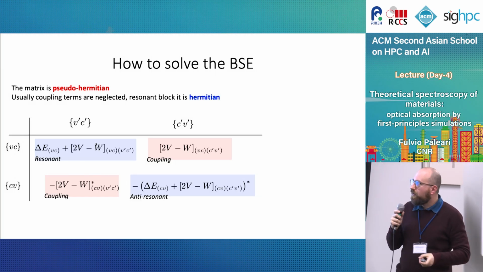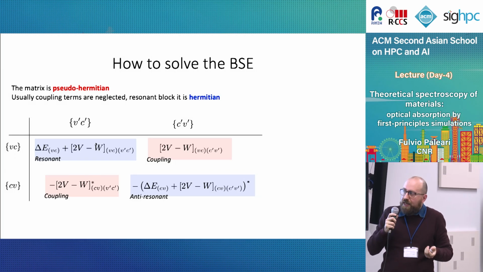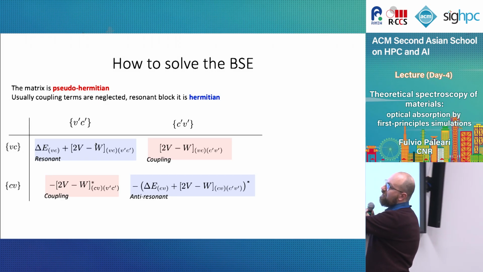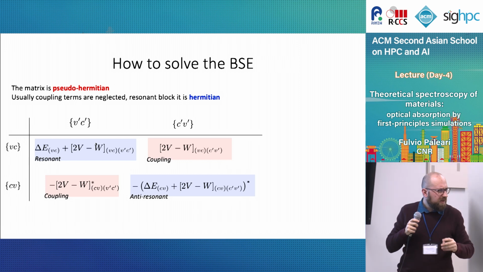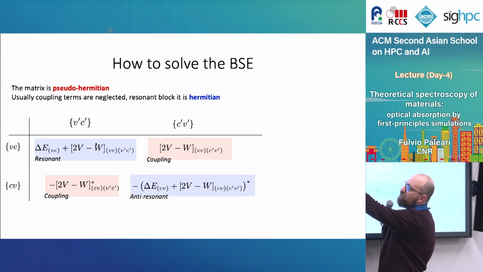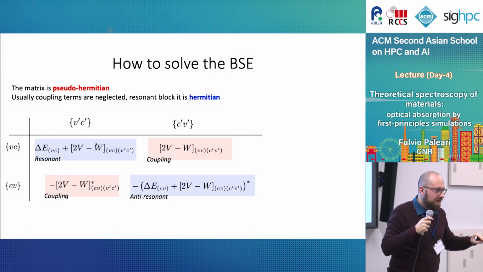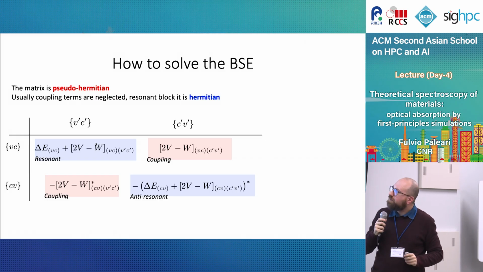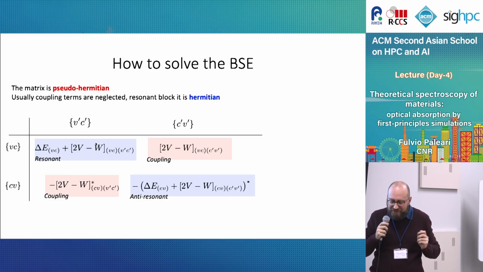That is the full matrix, okay? But many times, in many semiconductor systems, these terms are pretty small, and you can neglect them. And then you reduce all these blocks to just this resonant block, which is fully Hermitian, okay? And also much smaller.